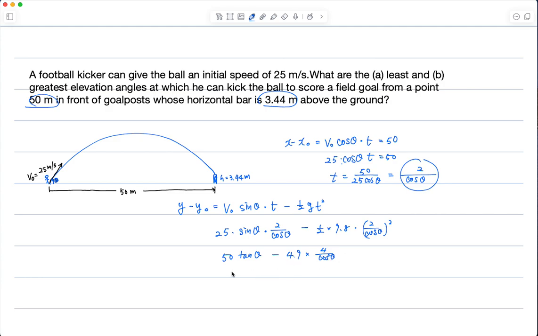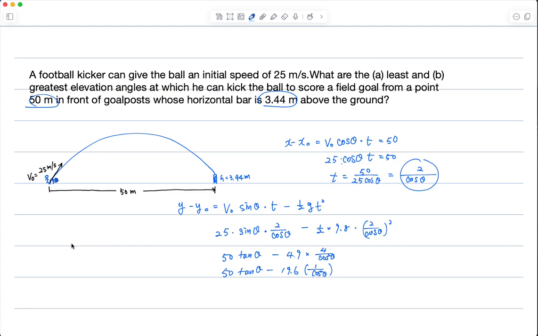So we simplify further. It will be 50 tangent theta minus 19.6 times 1 over cosine squared theta.